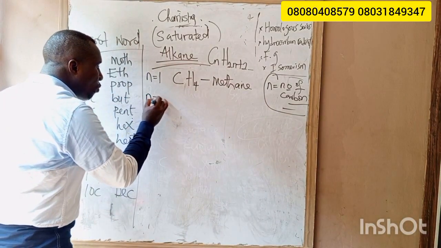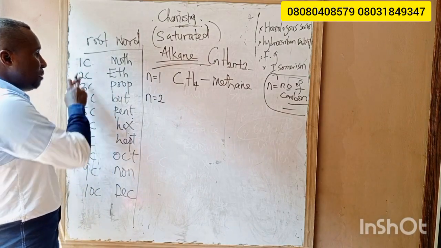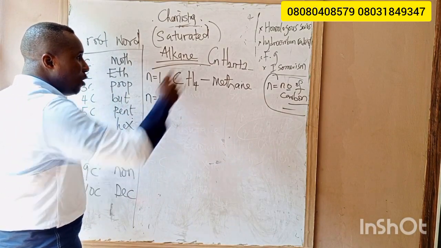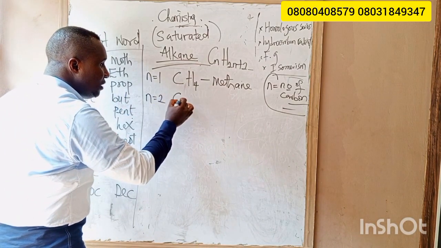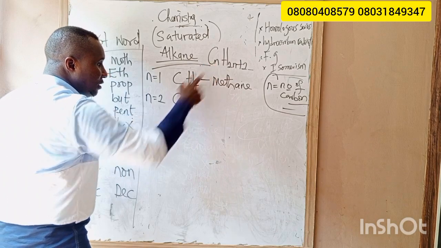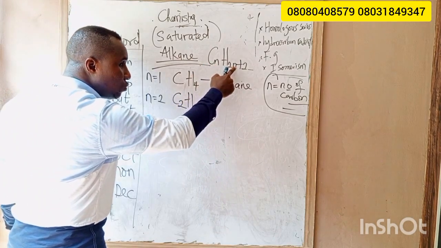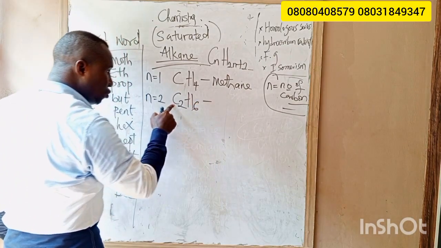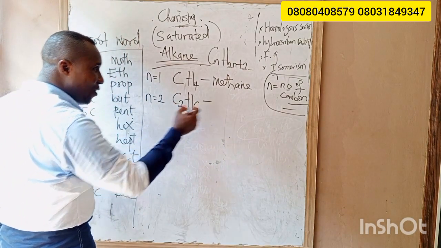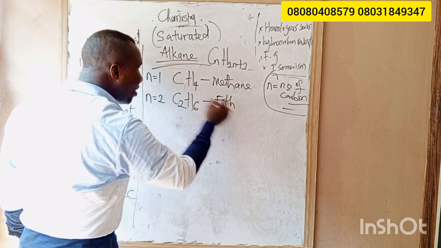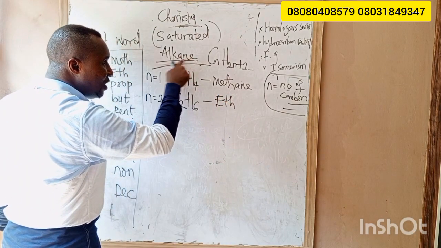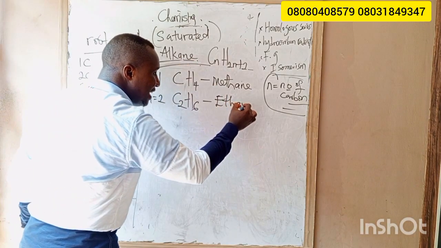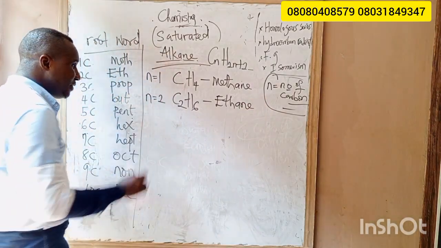When n equals 2, that means second carbon. Change n to 2: C2H. Anywhere you see n, change it to 2. Then 2 times 2, 4, plus 2, 6. That means 2 carbon is eth, and because it is under alkane, surname suffix ANE, ethane.